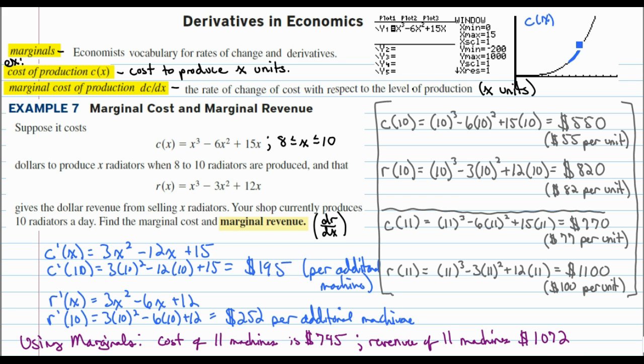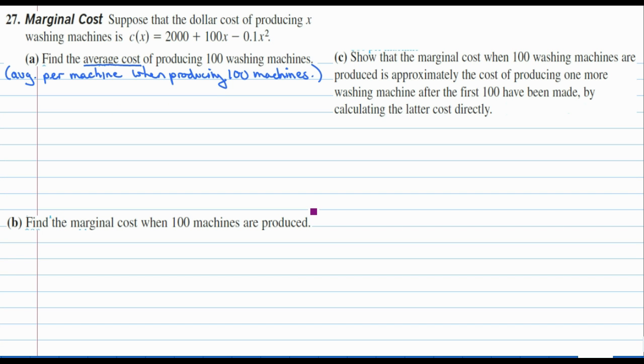Well, we're going to use the tangent line then, which is pretty steep, but we're going to use that tangent line to get the expected value of 11 machines. We're not going to follow this curve. We're just going to use what we think the rate of change is at 10 machines to predict the cost of 11 machines.